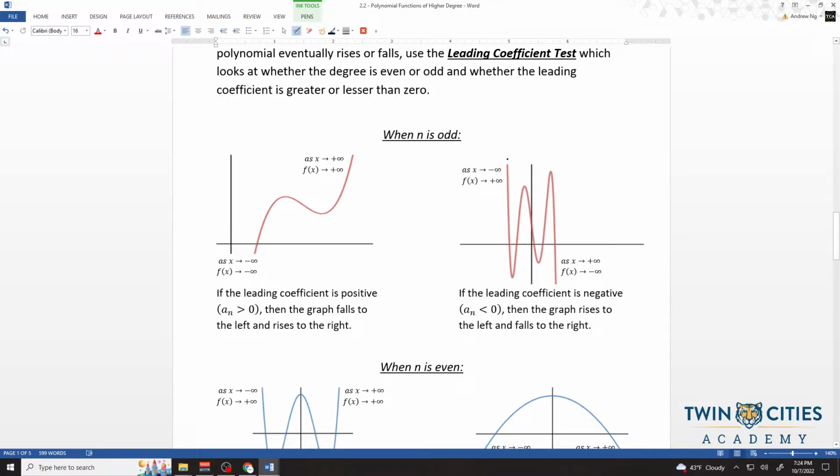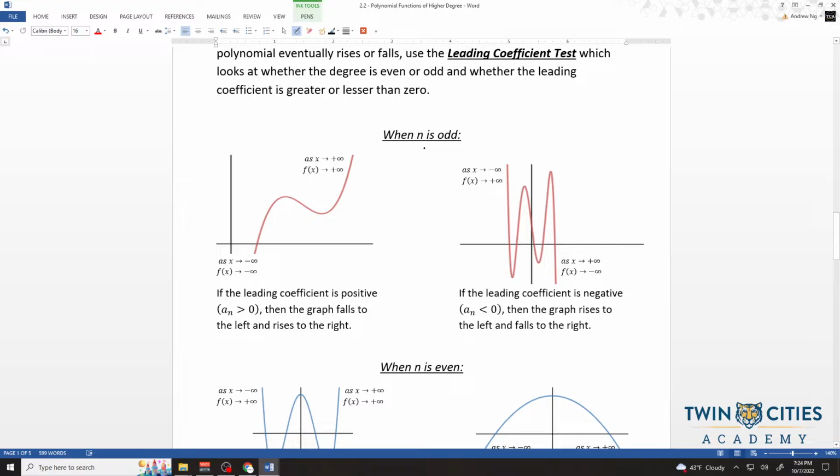It'll rise to the left and fall to the right. Or in more technical terms, as x approaches negative infinity, f of x approaches positive infinity. And as x approaches positive infinity, f of x approaches negative infinity.